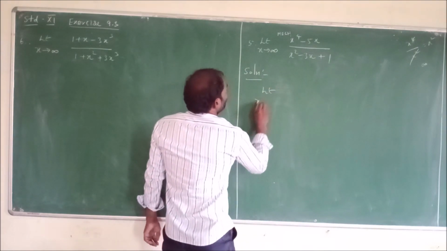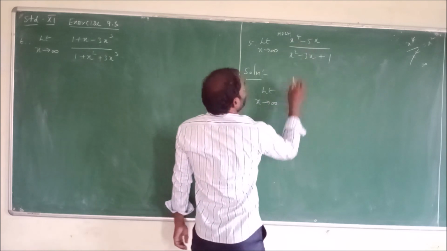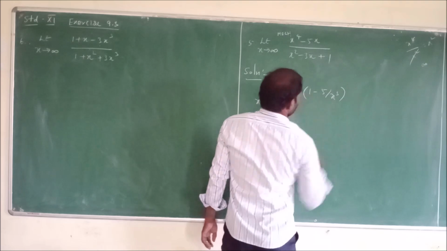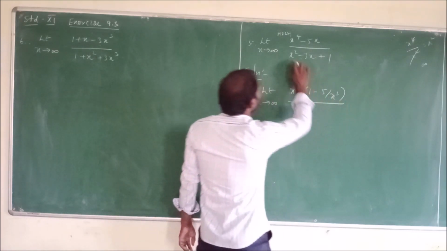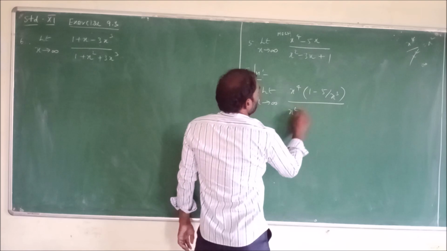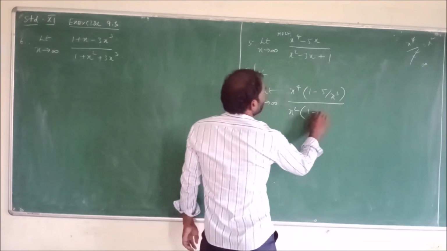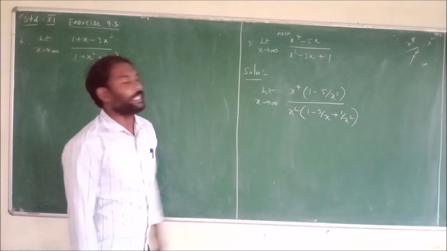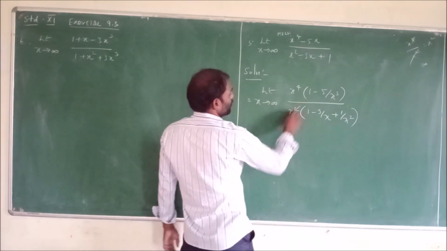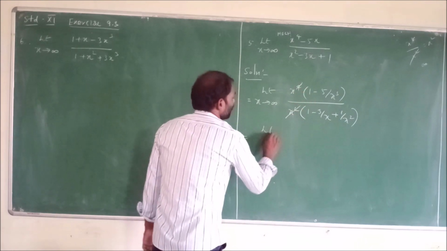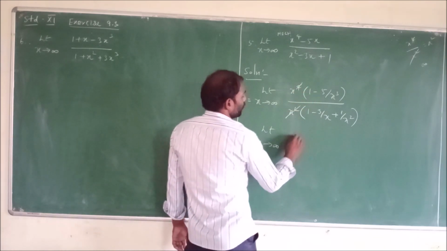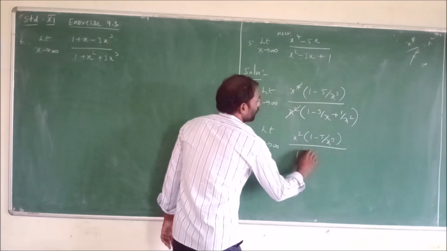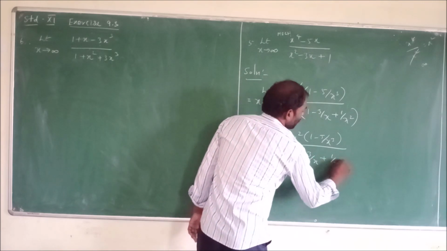Limit x tends to infinity. Take x power 4 in the numerator for all terms: 1 minus 5 by x cube, divided by the denominator term, taking x square: 1 minus 3 by x plus 1 by x square. After eliminating, the remaining term is limit x tends to infinity of x square into (1 minus 5 by x cube) divided by (1 minus 3 by x plus 1 by x square).